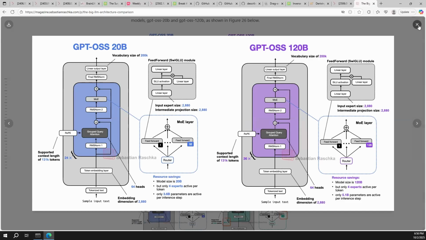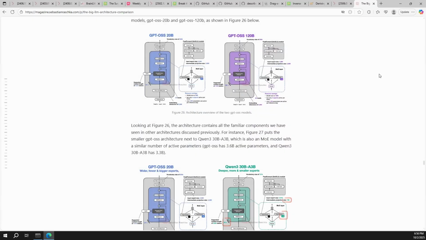Why do you think that decision was made? I don't know. I mean, it takes a while to plan and then train these things. And so this is why I'm conflicted, because we know that OpenAI is looking at DeepSeek, Qwen, all these people making headlines.